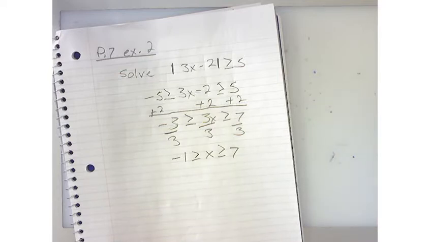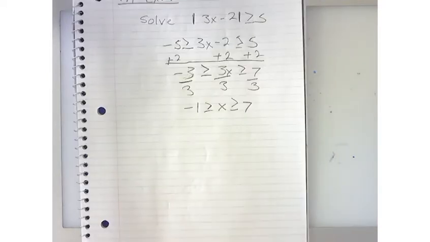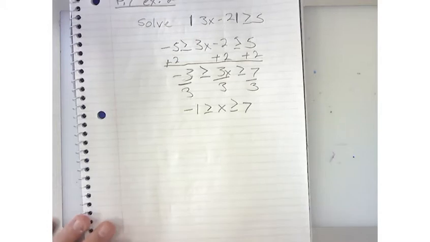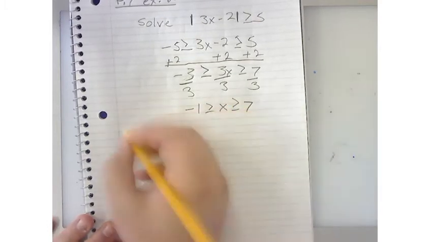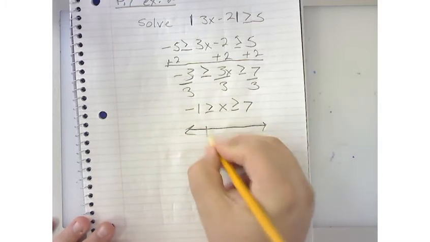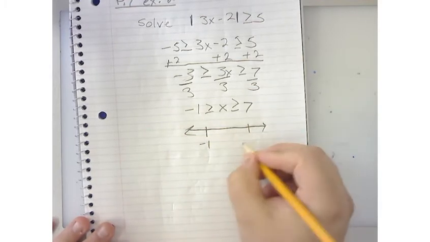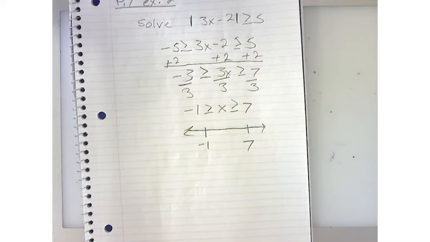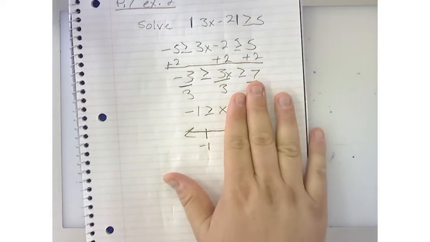And so this is a little bit harder to graph, right? So if I'm going to draw a graph of this, I've got negative 1 and then I've got 7. If I cover this up, I'm saying negative 1 is greater than x. So where does x have to live?